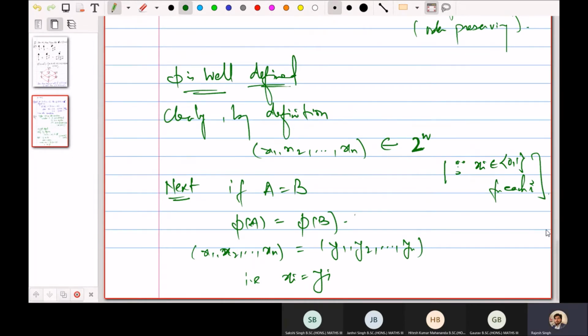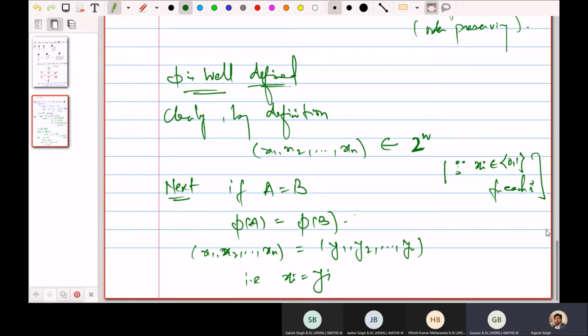So yes, can someone explain why xi is equal to yi? If xi equal to 1, then yi will be 1. Yes, sir. Why? By definition, sir.